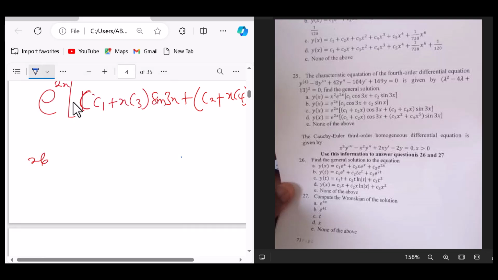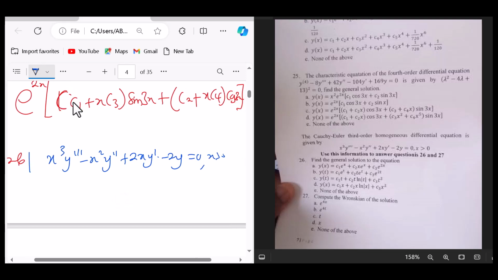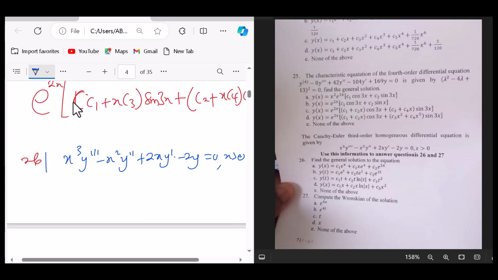So question 26, it is Cauchy-Euler: x cubed y prime prime prime minus x squared y prime prime plus 2xy prime minus 2y equals 0, where x is greater than 0. And so we can write the characteristic equation of this, because this is a Cauchy-Euler.